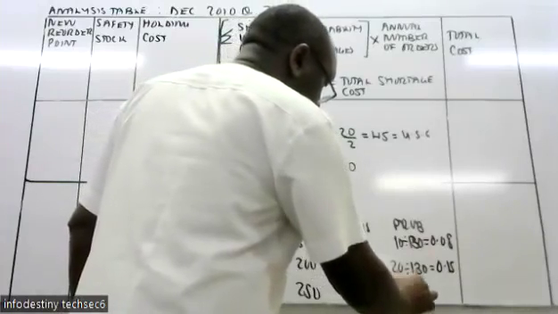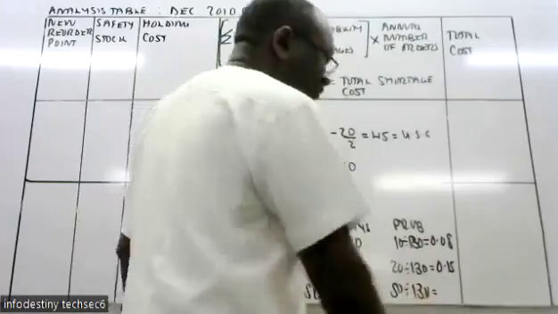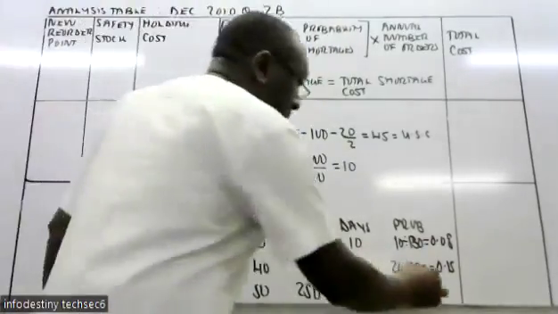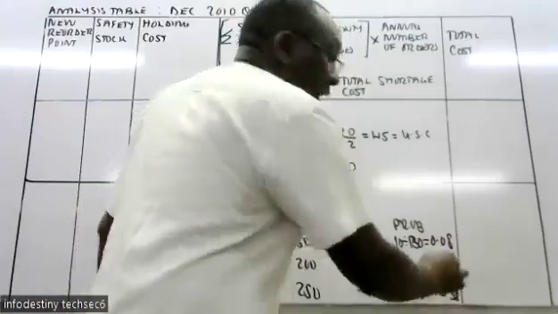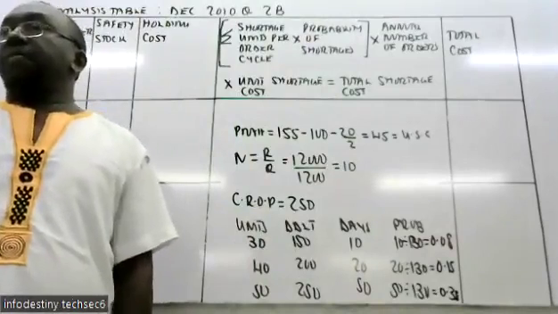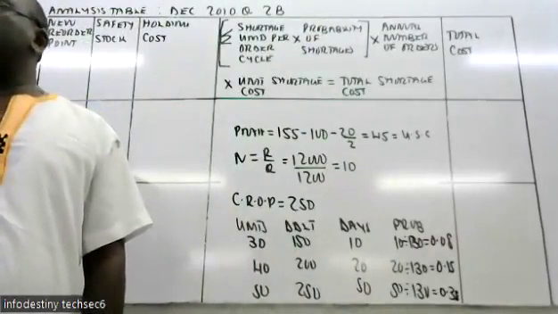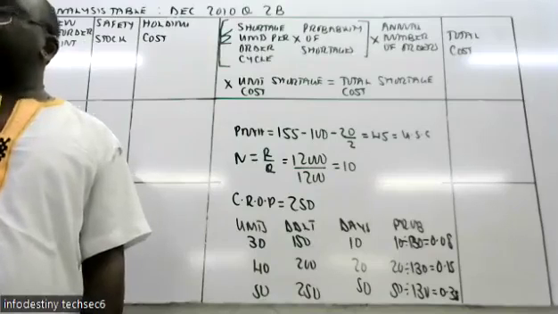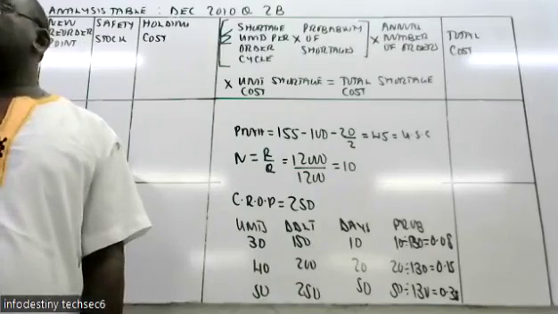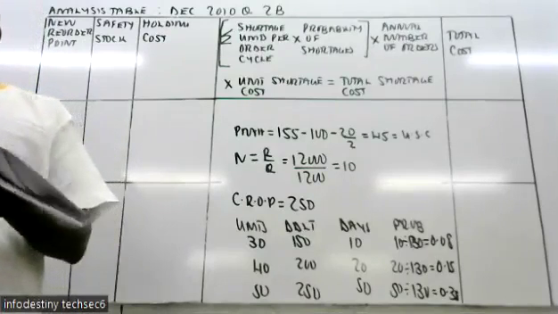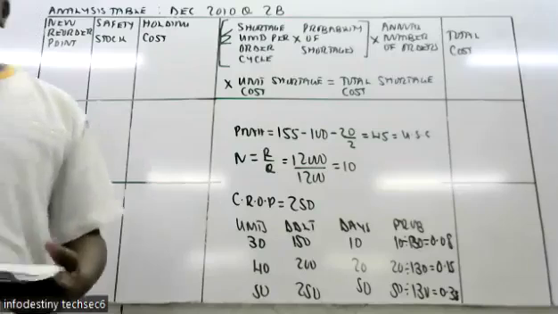So 50 divided by 130 is 0.38. Continue like that, but the last one, you will not divide. To accommodate the errors that we have made, you will say 1 minus the other ones above. You update the last one, because they must finally add exactly to 1.